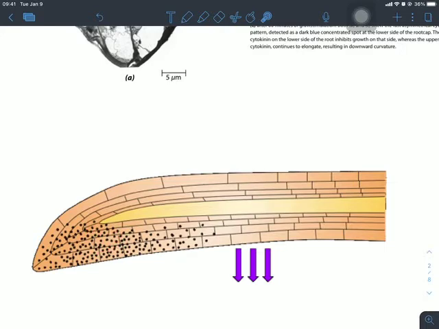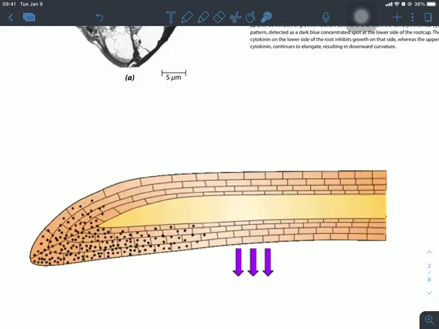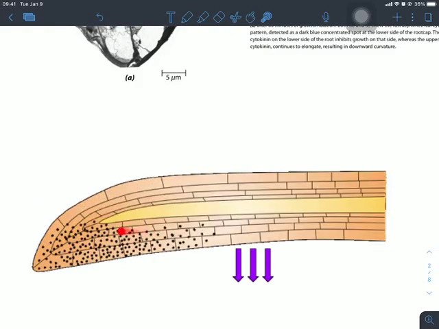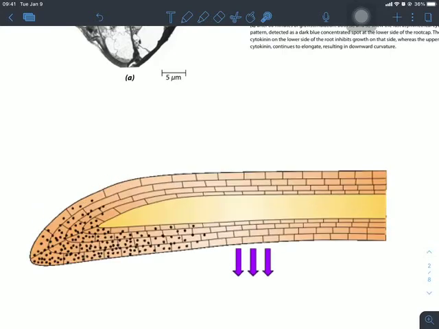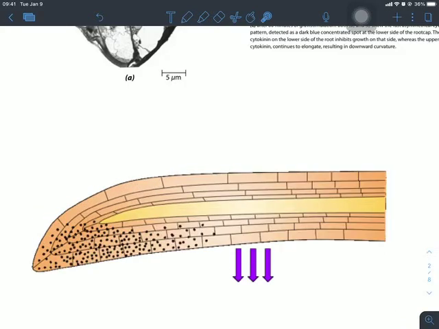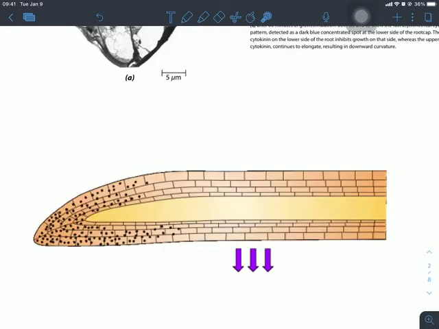So it's a totally different receptor, but it still results in auxin being at higher concentration on one side of the root, and that concentration differential causes growth suppression versus growth elongation.